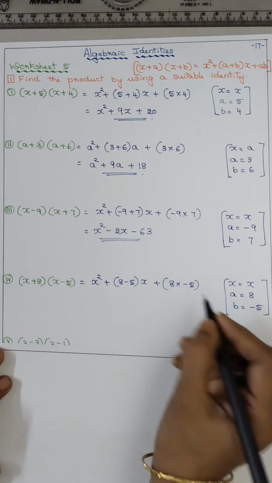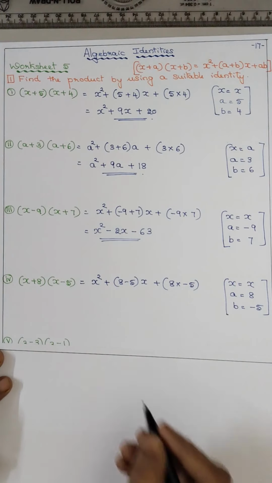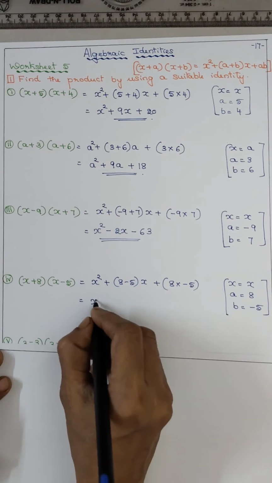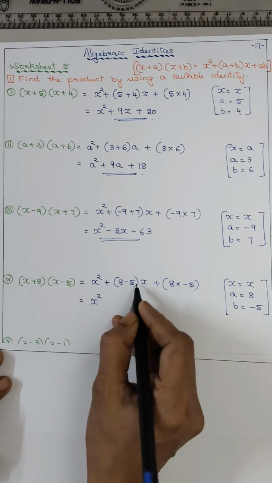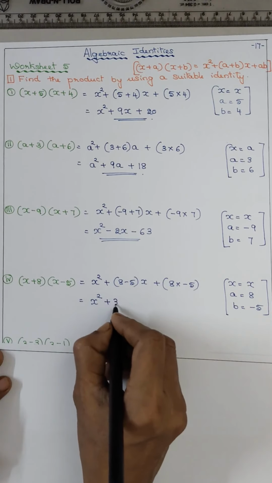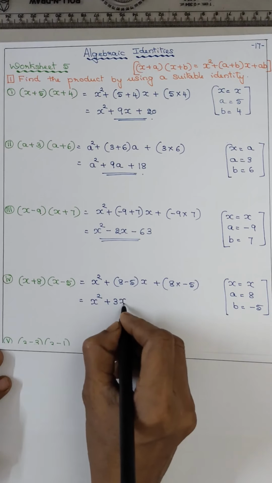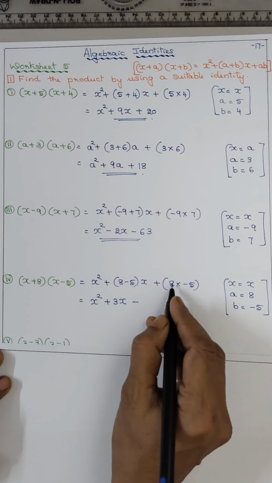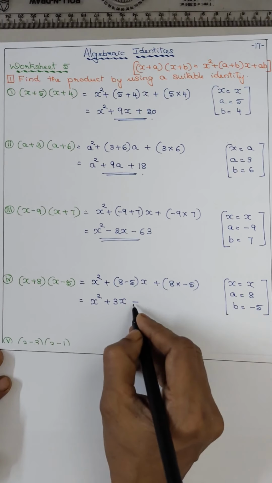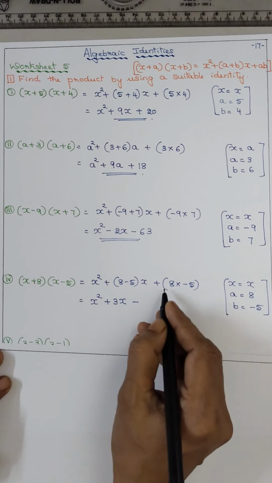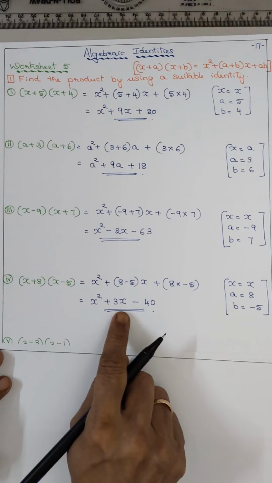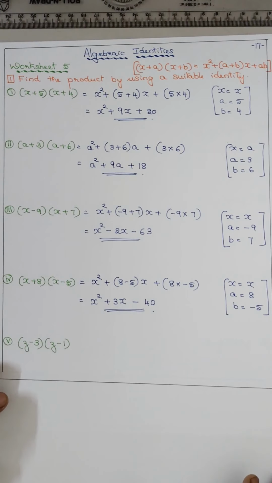You have to put the brackets for calculation. Okay, this is x². 8 minus 5 is 3, plus 3x, plus, here different signs, that is why minus, 8 5s are 40. Answer is x² + 3x − 40.